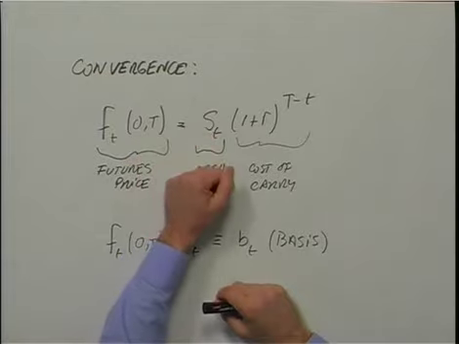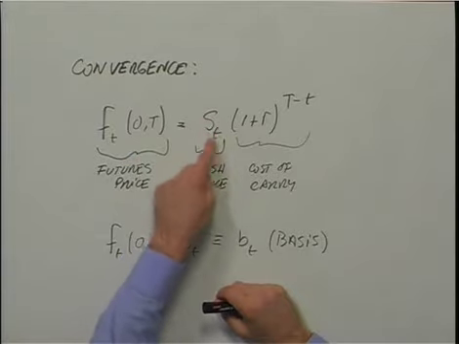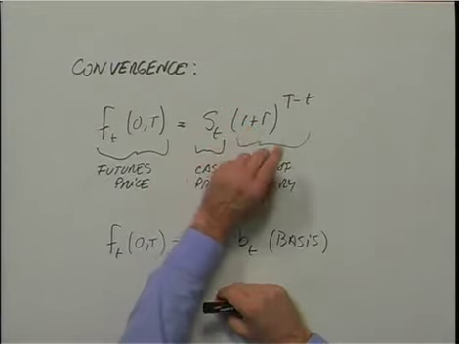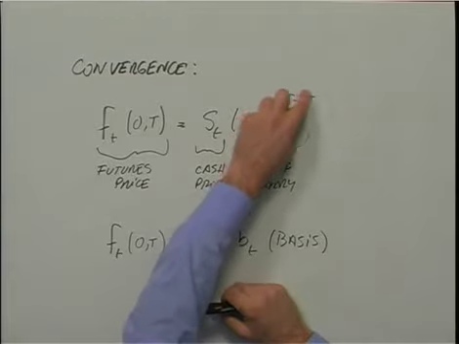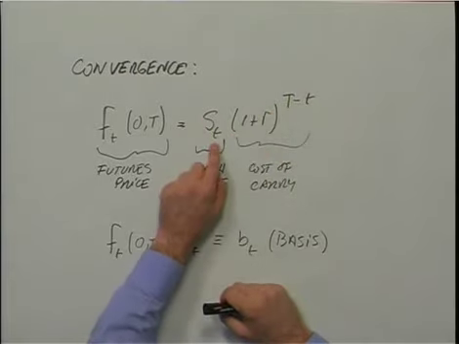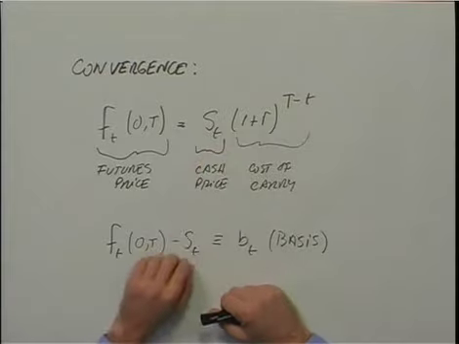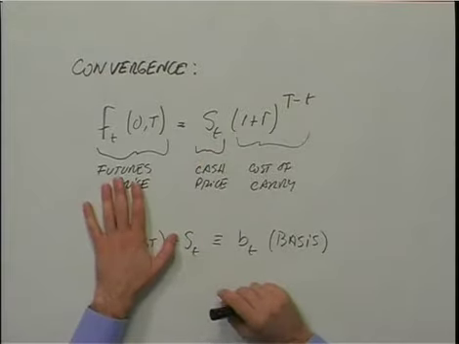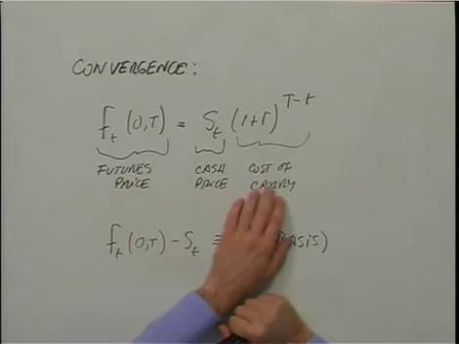In this case, the cost to carry is obtained by multiplying the cash price times 1 plus R, which is the financial cost to carry, to the T minus t, which is the time to expiration between now, which is small t, and the expiration big T. So futures price under no arbitrage equals the cash price plus the cost to carry.